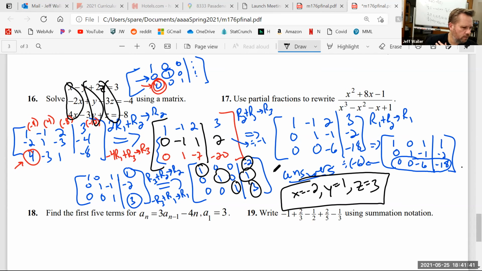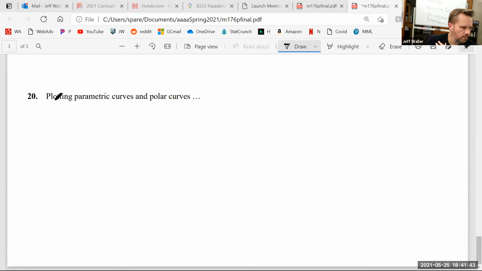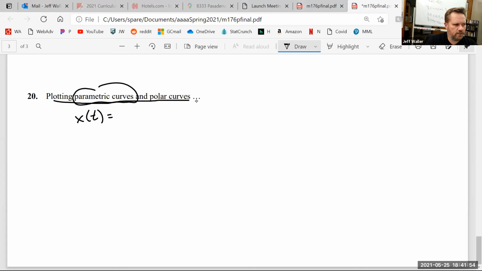Were you going to do an example of number 20? Yes. All right, so we could do this. Parametric curves are these kind of guys. Remember this? Where I can say x of t is what, Jeff? t minus t squared, and I can say y of t is t plus 1 over t.